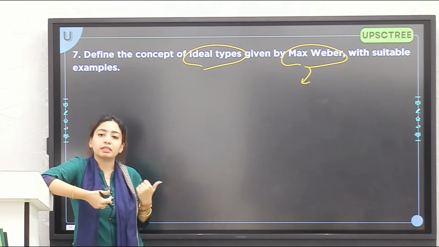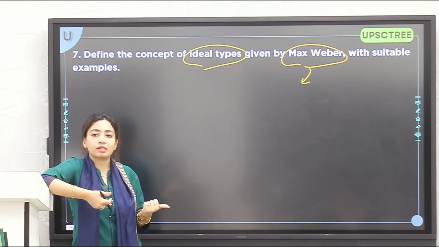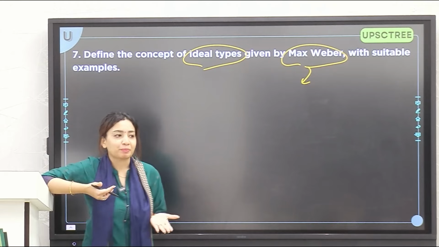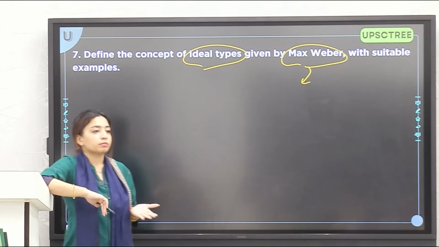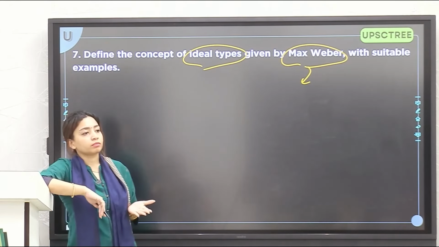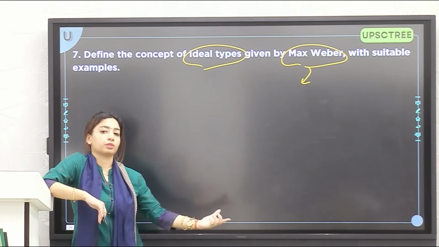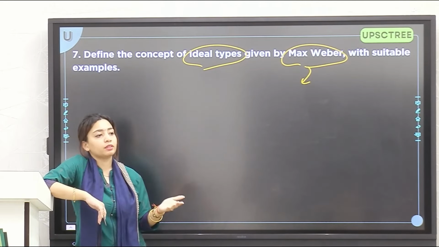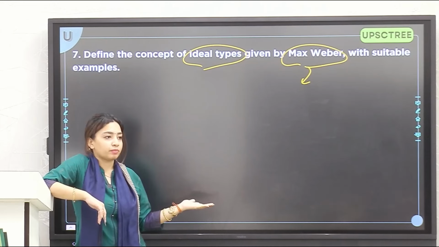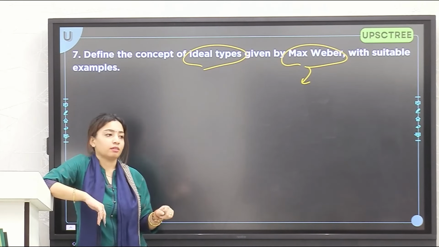The question may seem very easy, but writing the keywords will be a problem. Systematic characterization of a concrete situation. Okay, so this systematic scrutinization of social reality is nothing but what? Ideal types. So use your words wisely.